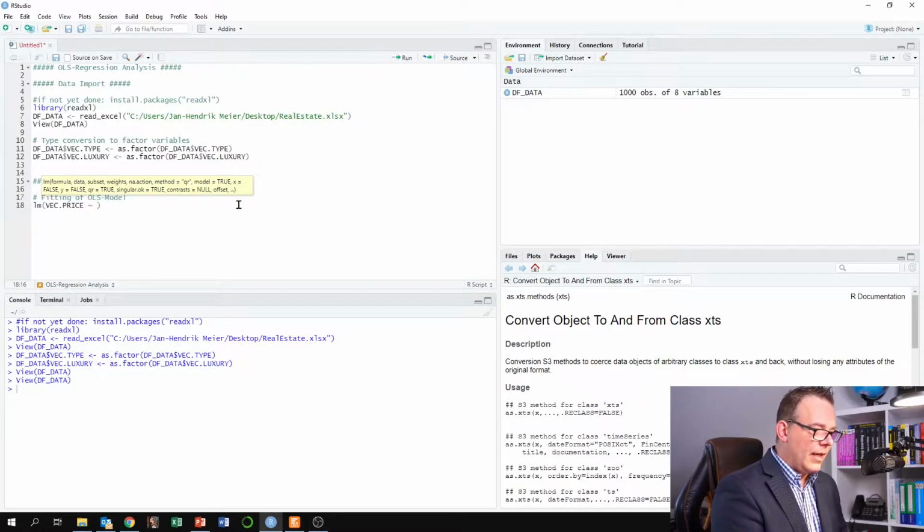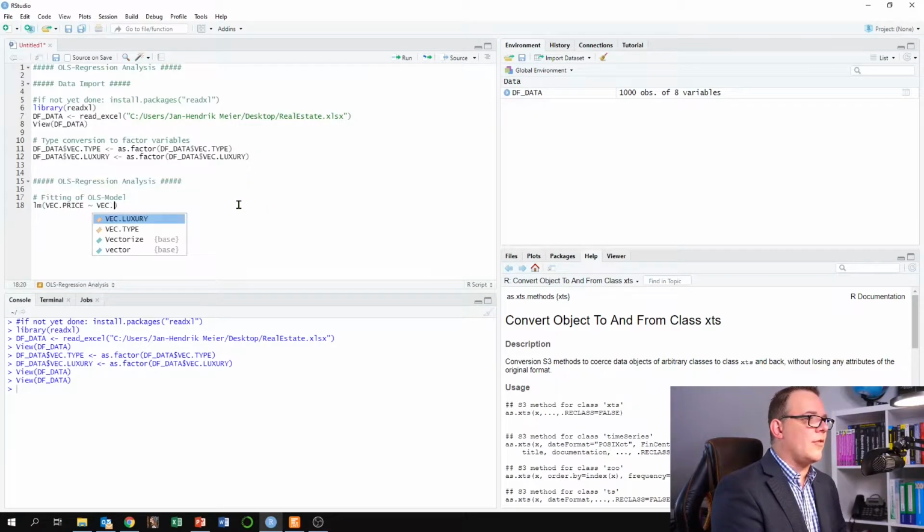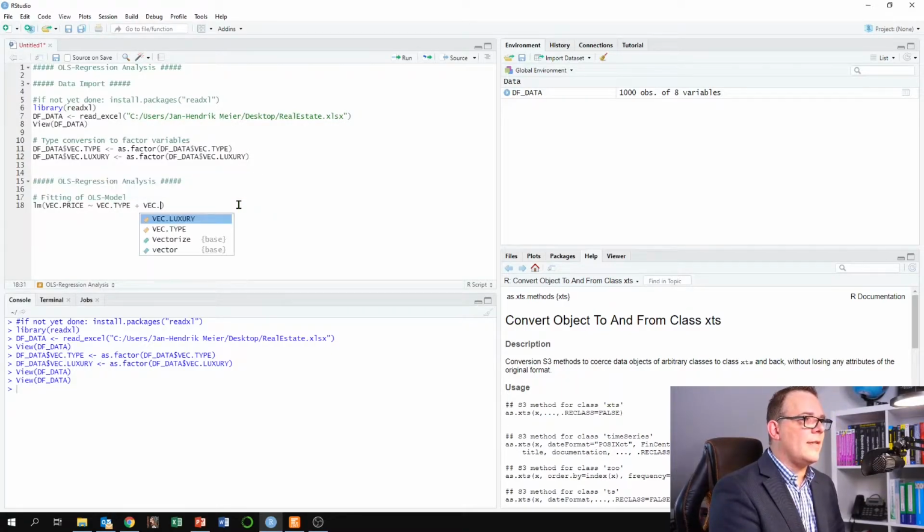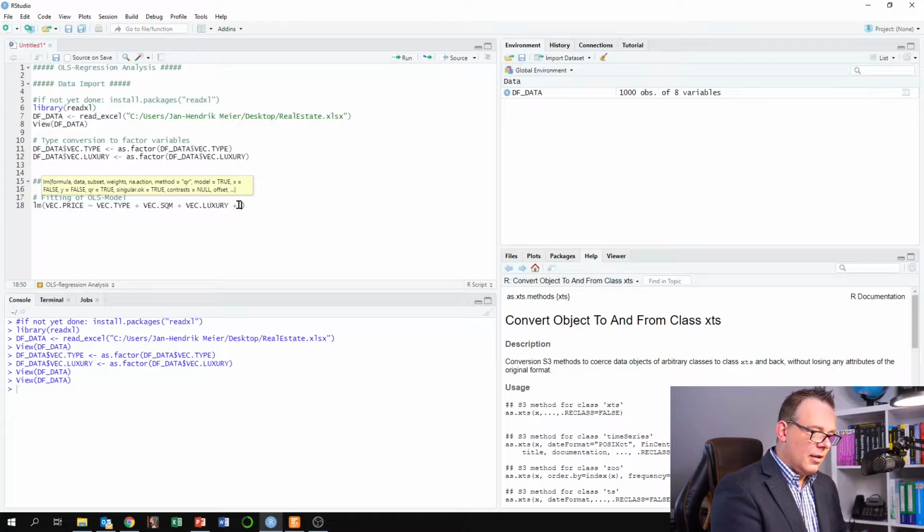And I want to explain this by the vector type. So what kind of house is this? Then plus the square meters, the size, vector size, oh no, square meters, SQM, plus the assessment, if this is luxury or not, plus the distance to center, plus if it's a university town or not.